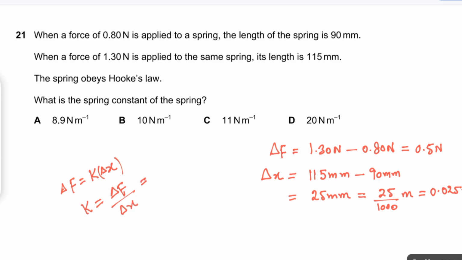The change of force is 0.5 Newton, divided by the change of extension, 0.025 meter. Now we calculate this. It will come out 20. Force has unit Newton and extension is meter, so we take Newton per meter. This is 20 Newton per meter. So the correct option is D.